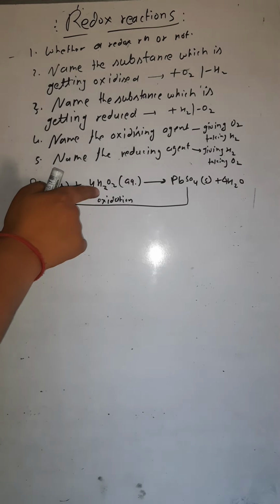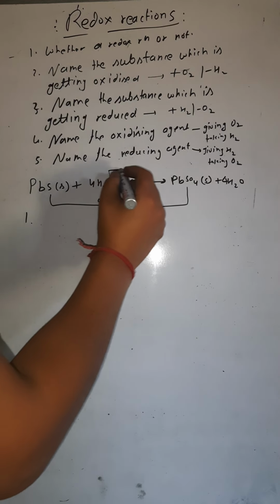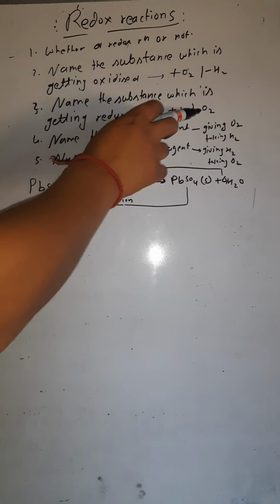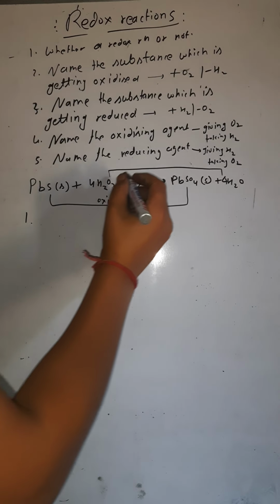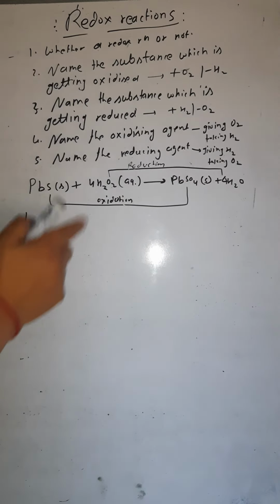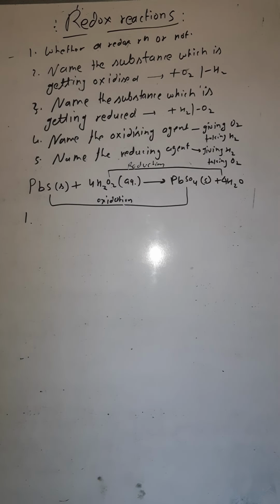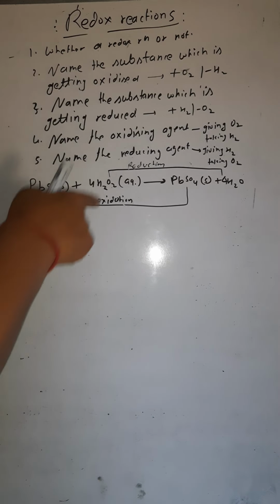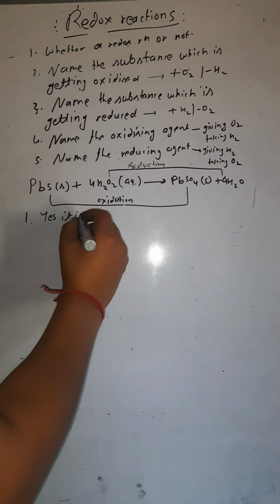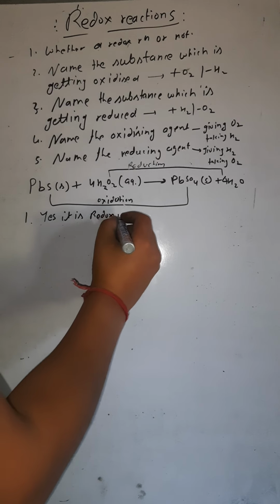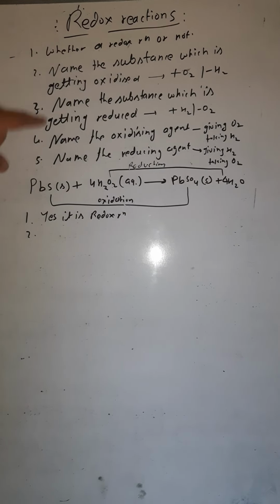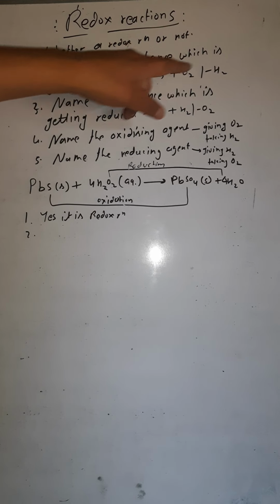It means there is removal of oxygen, and removal of oxygen is reduction. So reduction is taking place here. Both reduction and oxidation taking place simultaneously is called a redox reaction. So yes, it is a redox reaction.